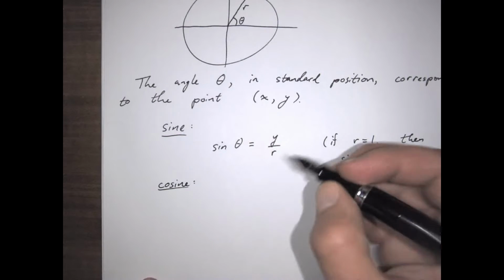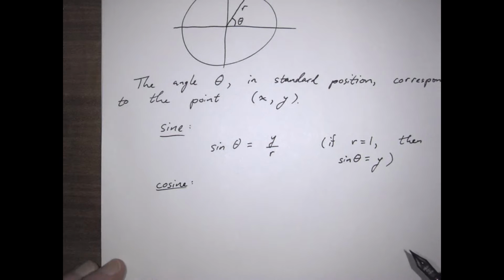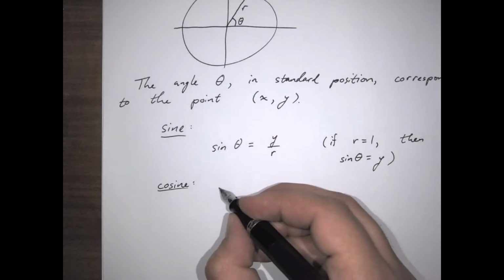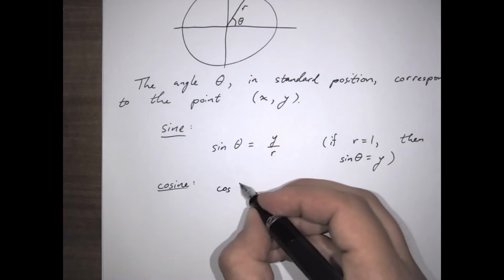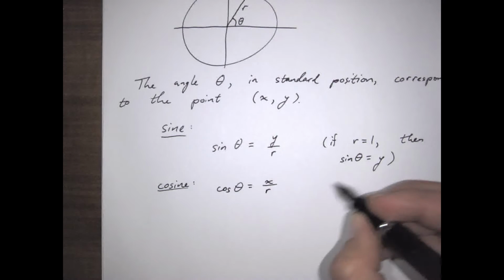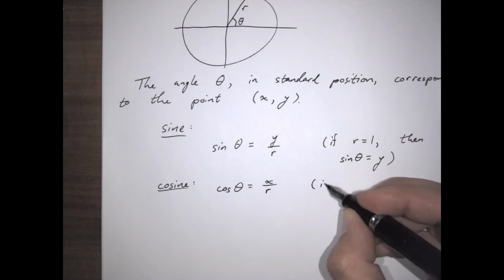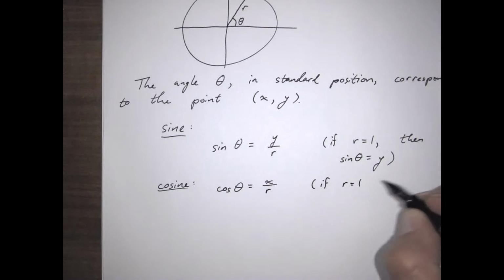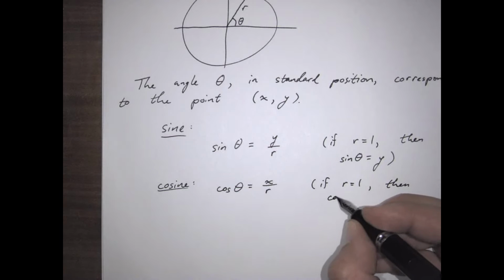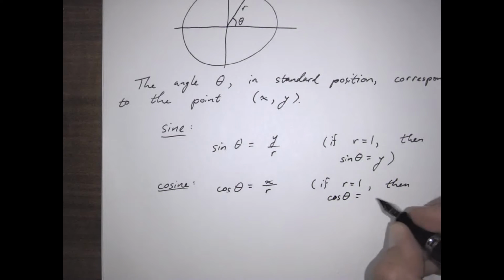So sine is to y as cosine, its complementary function, is to x. So cosine theta is equal to x over r. And again, if r equals 1, then we can drop the r nonsense and just write cosine of theta equals x.